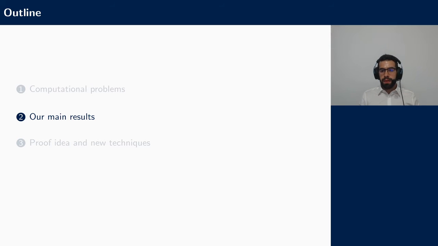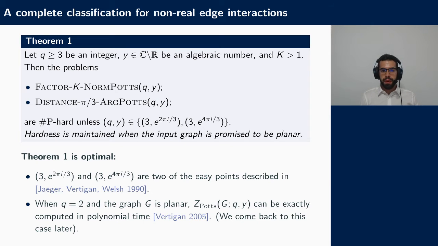Okay, now I can state our main results. In this paper we give a complete classification of the complexity of these approximation problems for non-real edge interactions. Our main result in that regard is theorem 1 that deals with the case q at least 3.